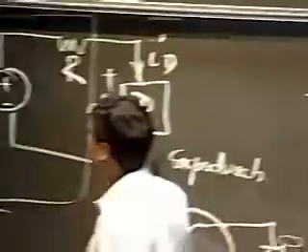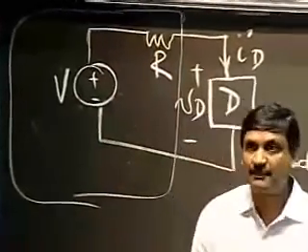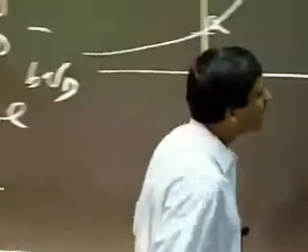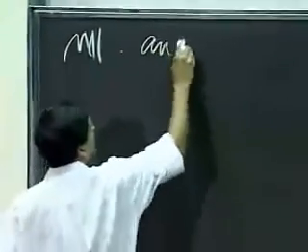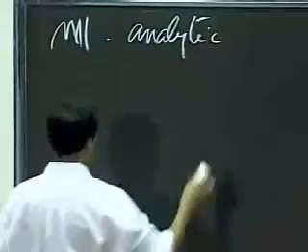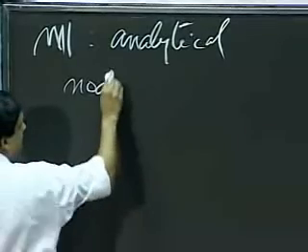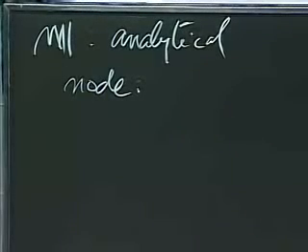Method 1 of analysis. Let's go ahead and analyze this pattern here, this template circuit, if you will: a voltage source, a resistor, and a nonlinear device. This is the analytical method. Remember, the node method applies.